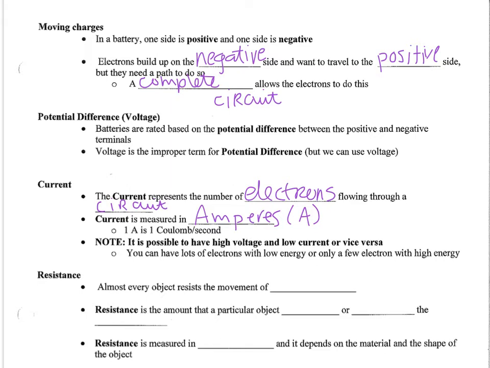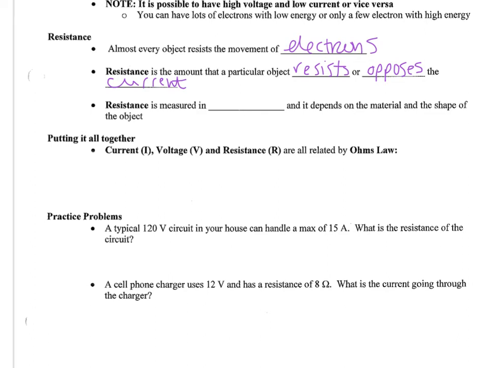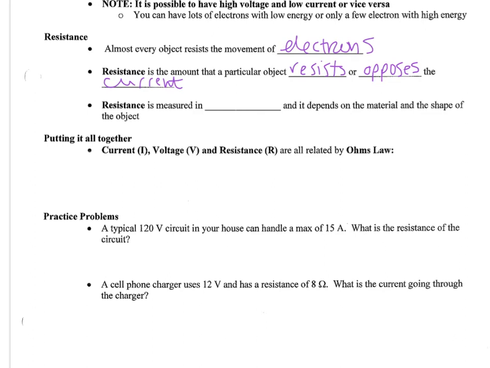Almost every object resists the movement of electrons. So there are things getting in the way of these electrons being able to move. Resistance is the amount a particular object resists or opposes the current. Resistance is measured in, and everyone always loves this one, ohms.